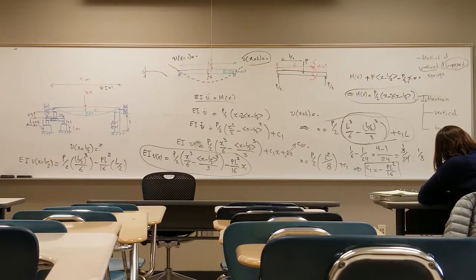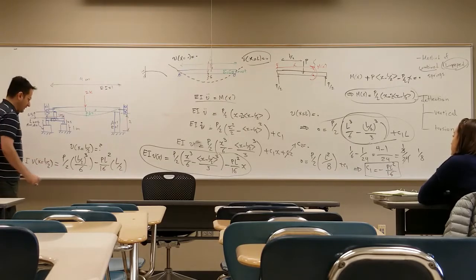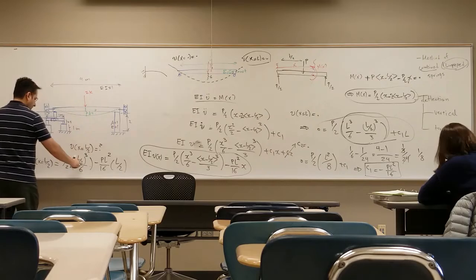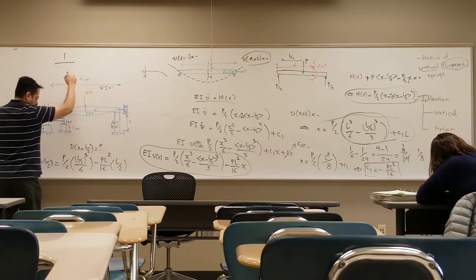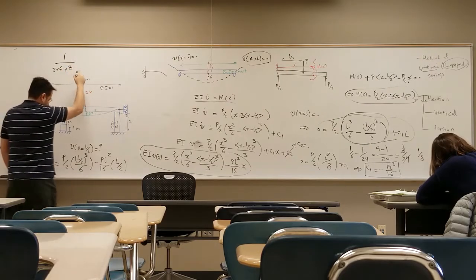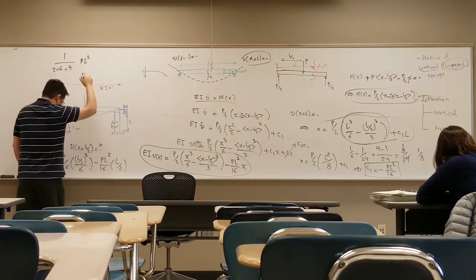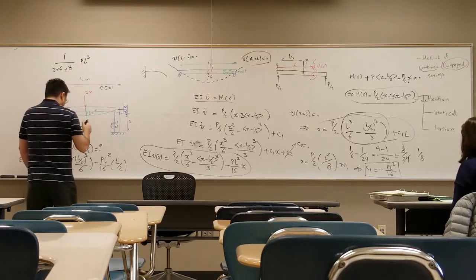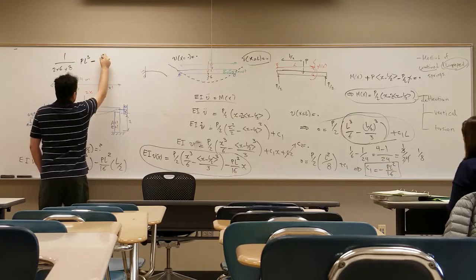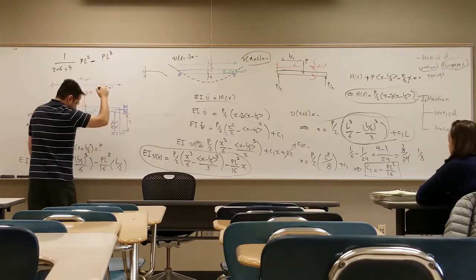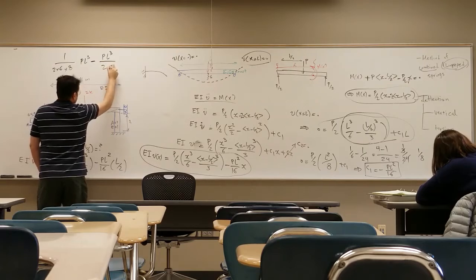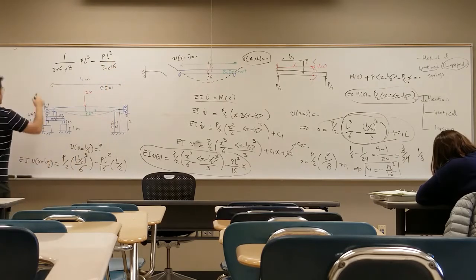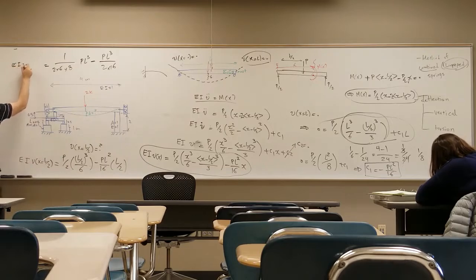So simplify that: this is 8, so 1 over 2 times 6 times 8, PL cubed, minus PL cubed over 2 times 16. That's your EI v at x equal to L over 2. So what do you get?